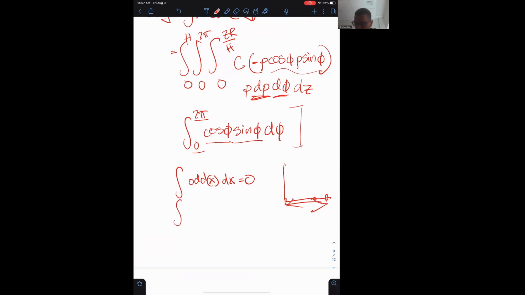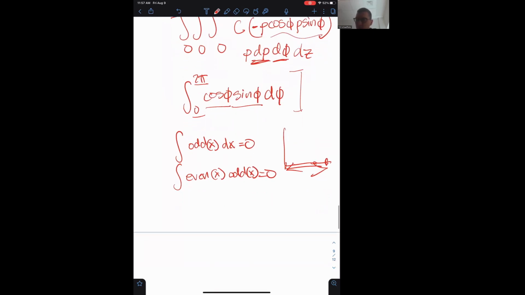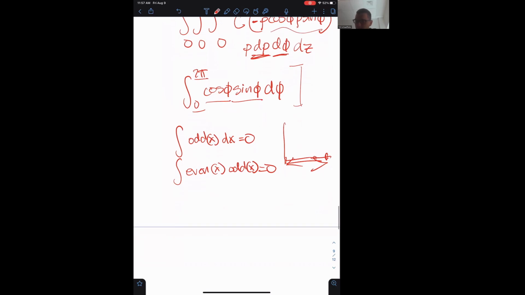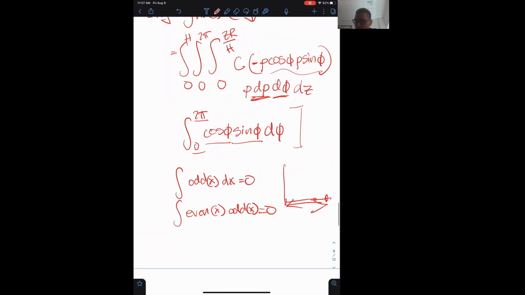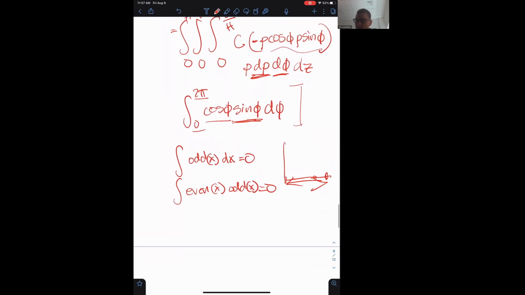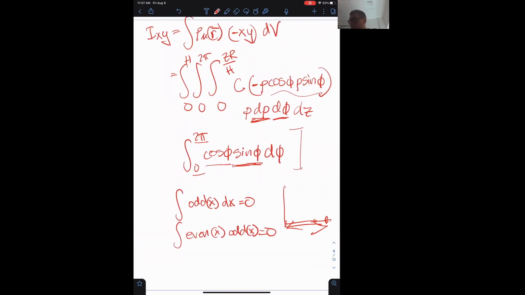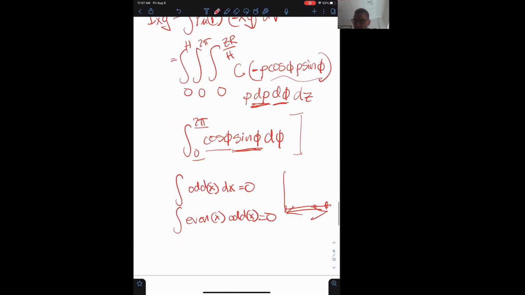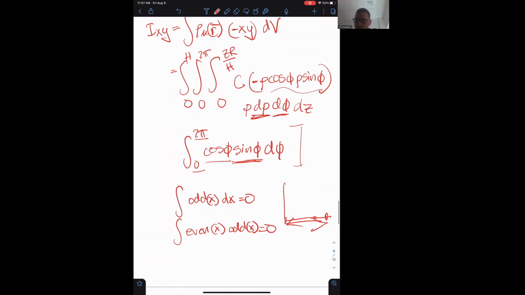If you have an even function times an odd function, that's an odd function, which is equal to 0. If you have two odd functions, that's an even function, which will not be 0. But because we're always dealing with a single sine, these integrals are going to be 0. And if not, I'll say that. But that makes solving the off-diagonal elements really easy.